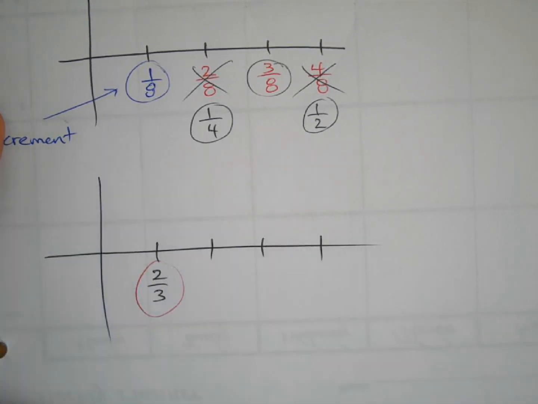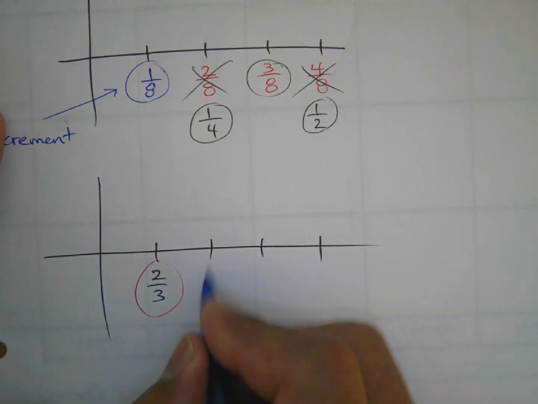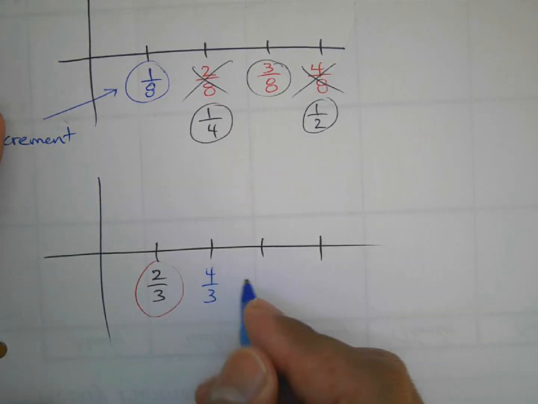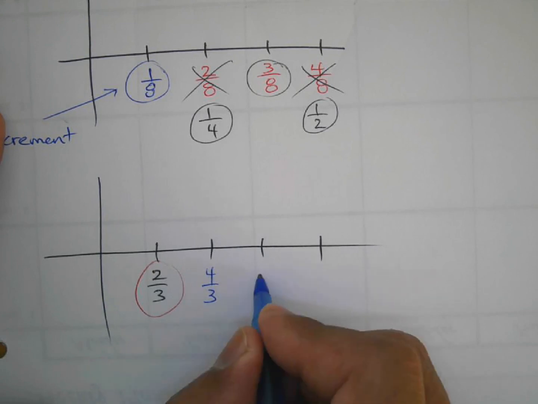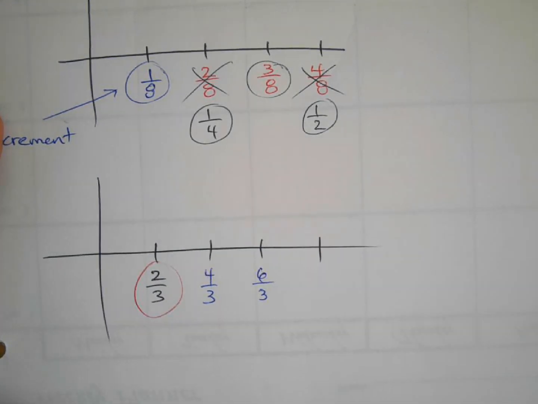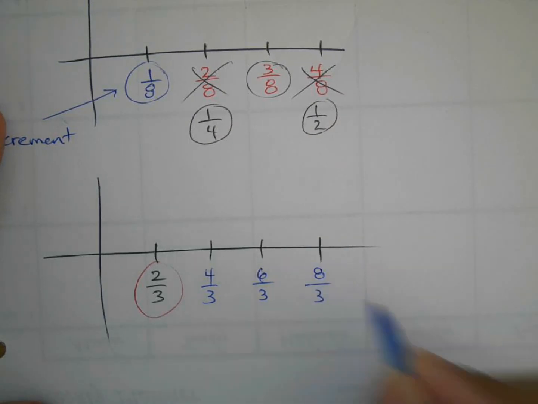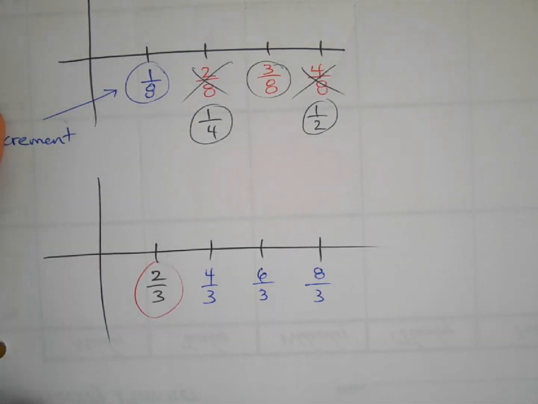Each one of these, I'm adding a 2/3. What's the next one? 2/3 and another 2/3 is 4/3. And another 2/3 is going to be what? 6/3. And another 2/3 is 8/3, right?